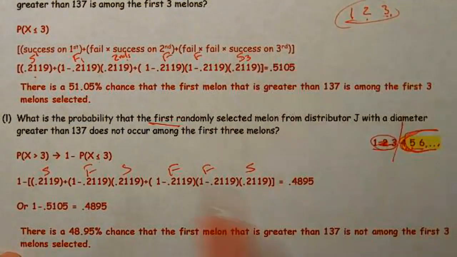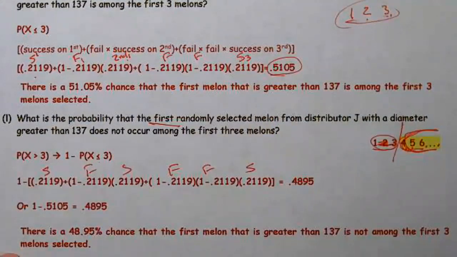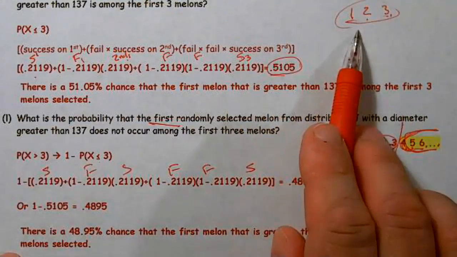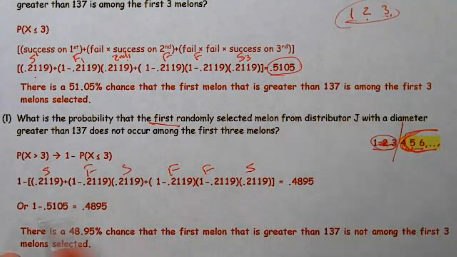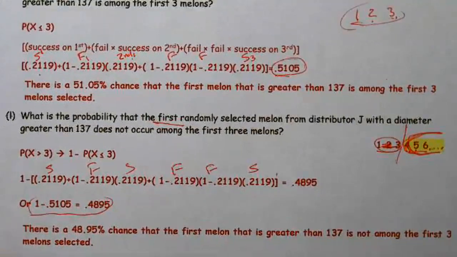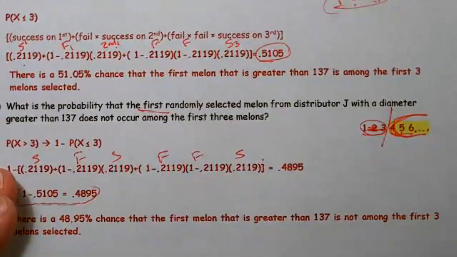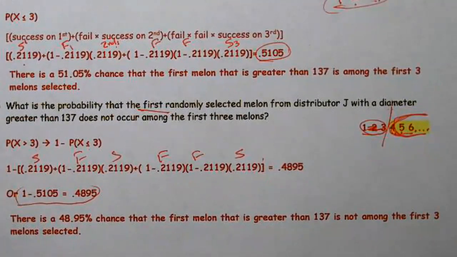Now, someone probably recognized, hey, we had already calculated that probability in part K. So 1 minus the probability of it happening in the first 3 would also give me the same answer. If you recognize this, you would need to say from K above. The only problem is if K is wrong, then I will be wrong too. So that's the only problem with doing that. All right. So there's a 48.9% chance that the first melon greater than 137 does not come from the first 3 melons selected.